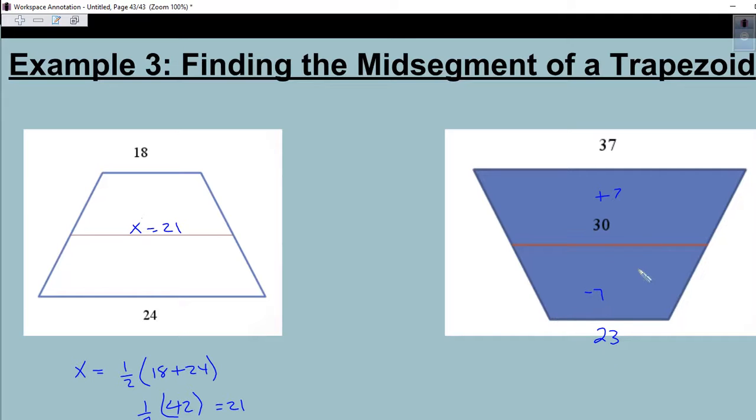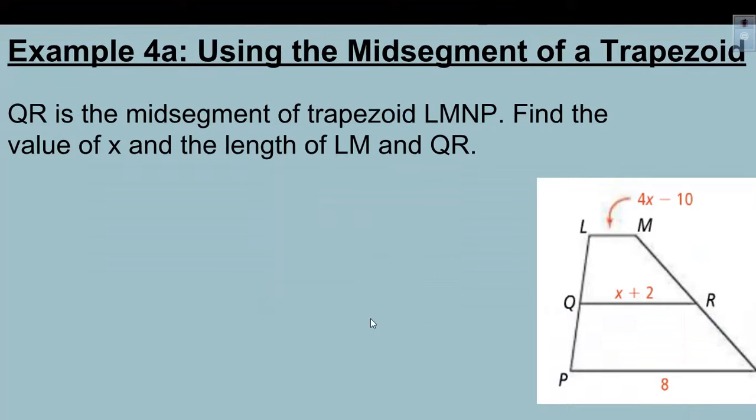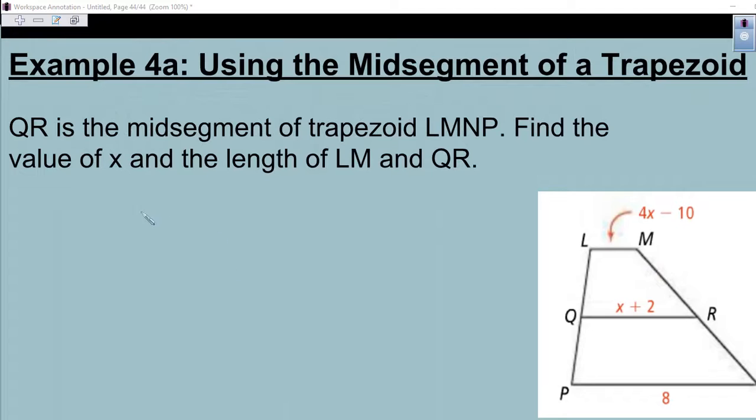But now let's look at what happens when we work this out with a variable expression. QR is the midsegment. LM is one base, PN is the other base. From the equation earlier, we conclude that QR is equal to 1/2 the sum of my bases. Well, one base is LM and the other base is PN.